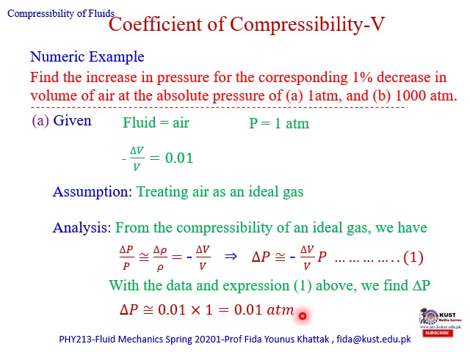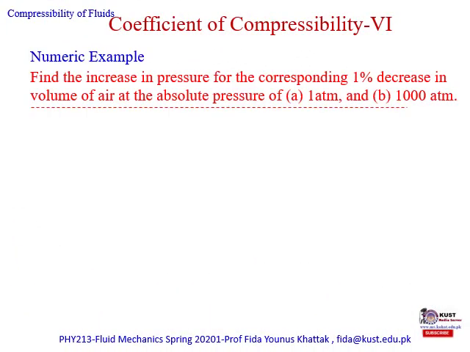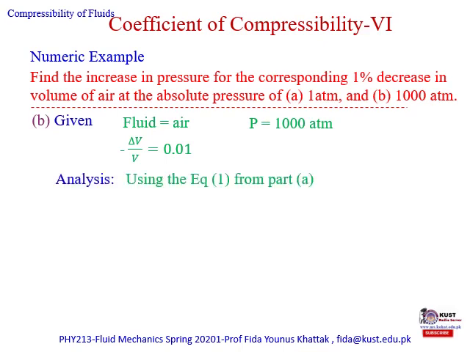This is a very small pressure required in order to decrease the volume of a gas by 1% at 1 atmospheric pressure. Now let us see how much pressure would be required in order to have the same 1% decrease in the volume of the air at 1000 atmospheric. Once again, the given data is pressure is 1000 atmospheric and the fluid is air, and the fractional change in volume is 0.01.